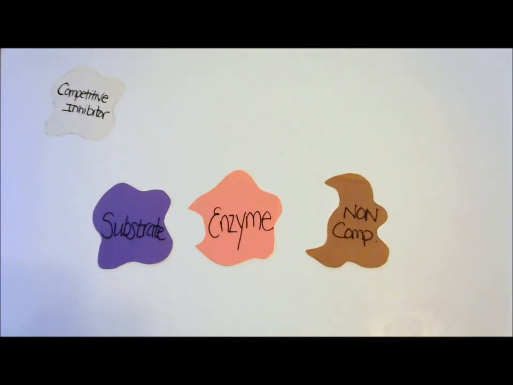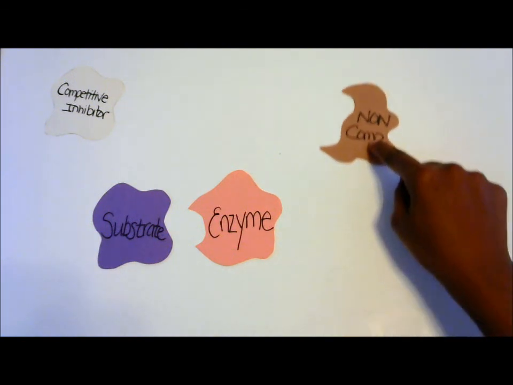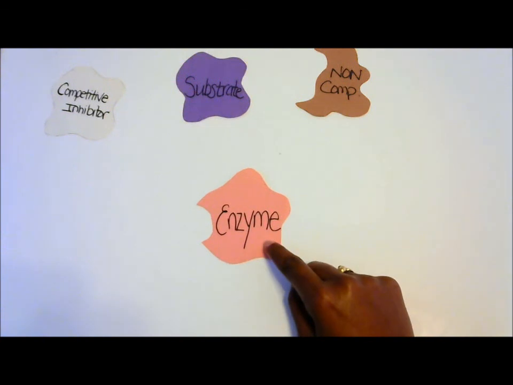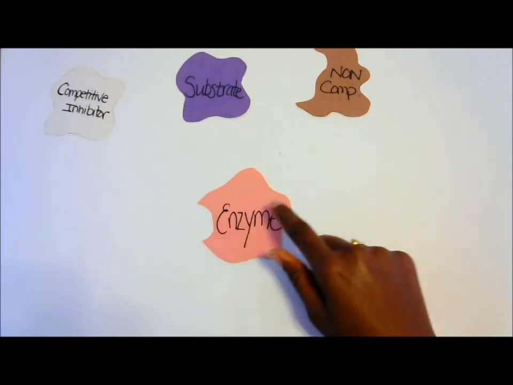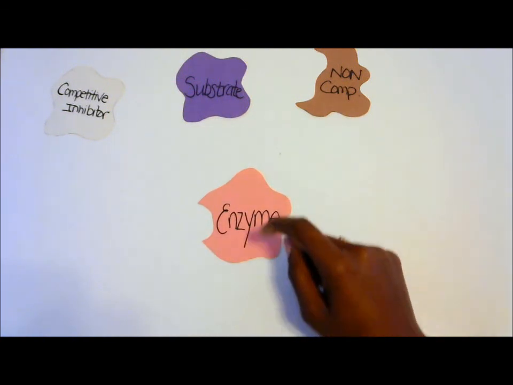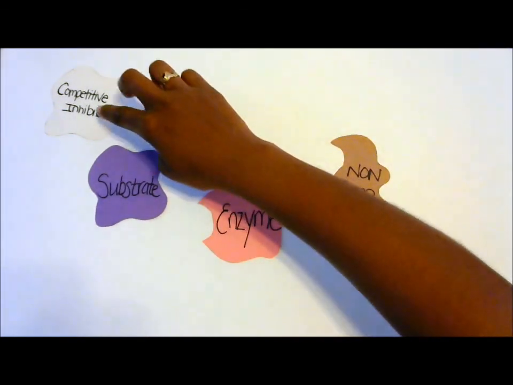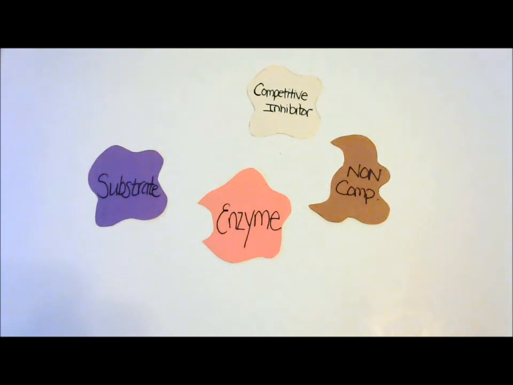What happens in this instance? Okay. Now we have an enzyme. What are the two sites that either a substrate or a non-competitive or competitive inhibitor can attach to?